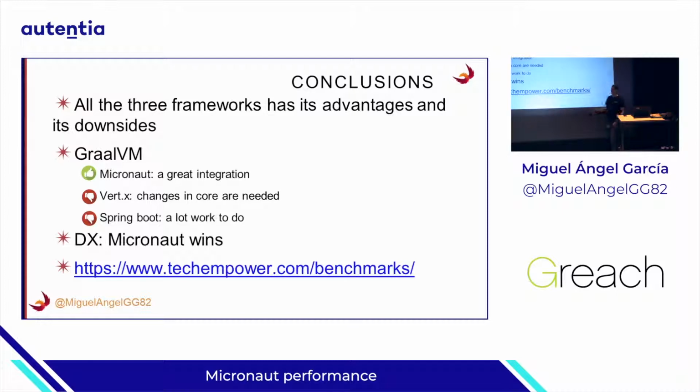I think we have seen in the talk about GraalVM by my workmate Alberto that if you use reflection, you don't have the advantages and the integration with GraalVM. So Spring Boot has a lot of work to do.